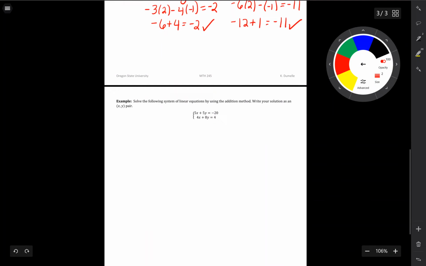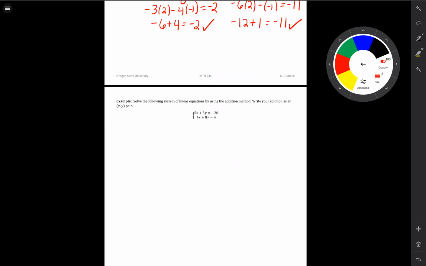Our last system of equations looks like this. And we're going to have to do something tricky on this one. So first things first, we need to make sure that our coefficients and variables are on one side and our numbers are on the other side. In this case, that is true. And our variables are lined up with each other.